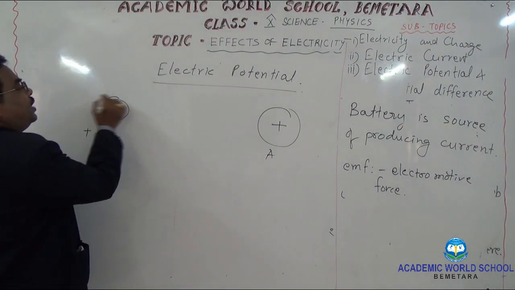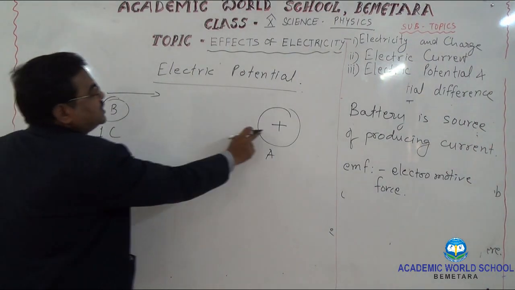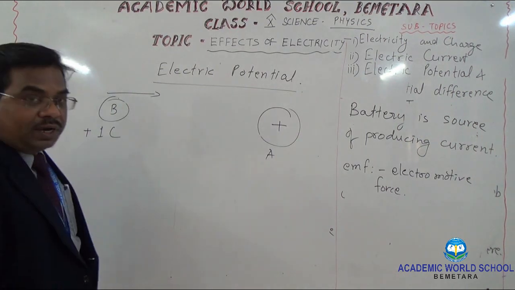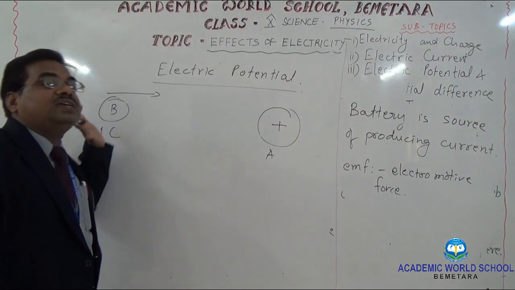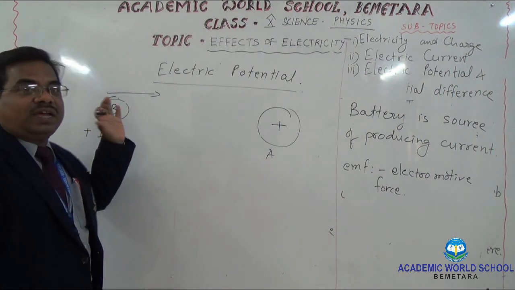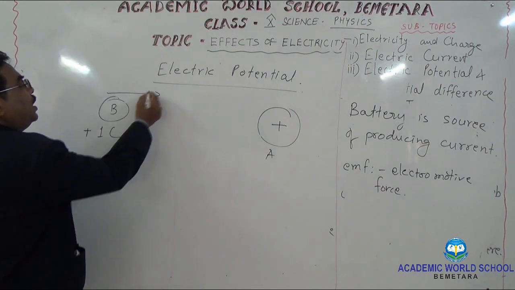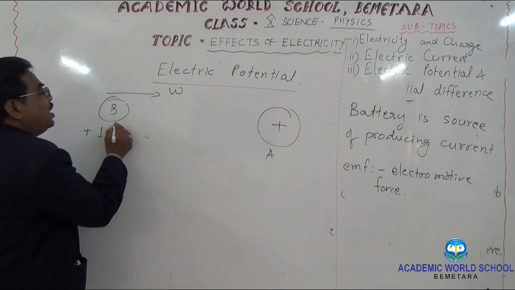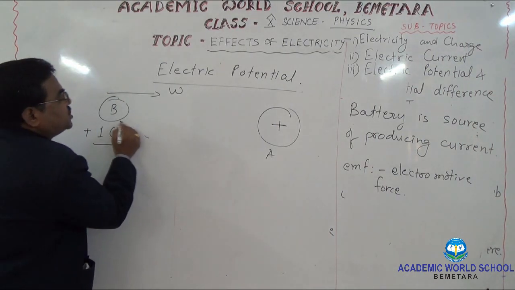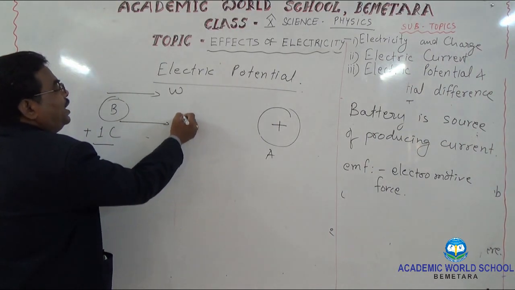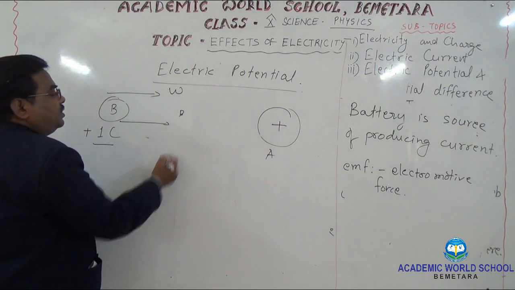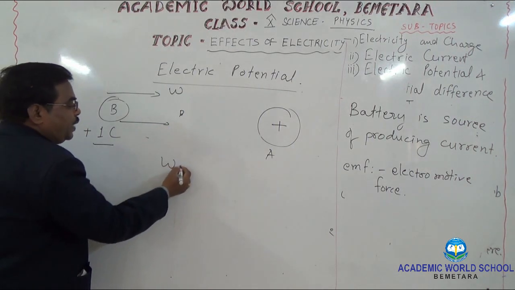If you try to bring it towards it, you cannot do it unless you apply an external force. You do external energy work. So, the work done in moving a unit positive charge and bringing it to any one point is the work spent.